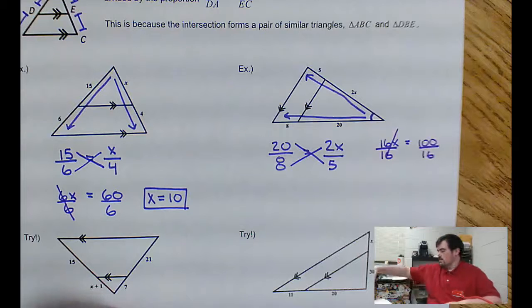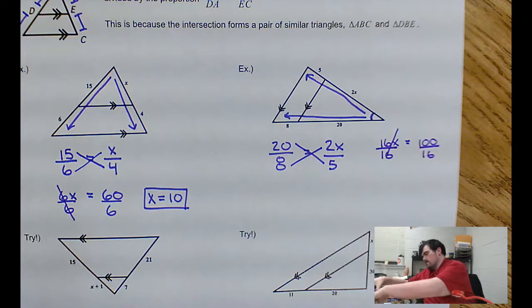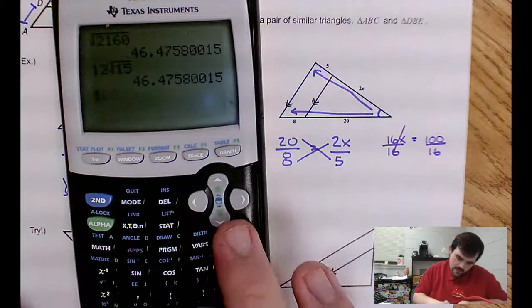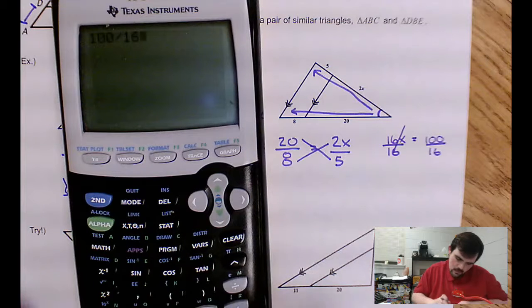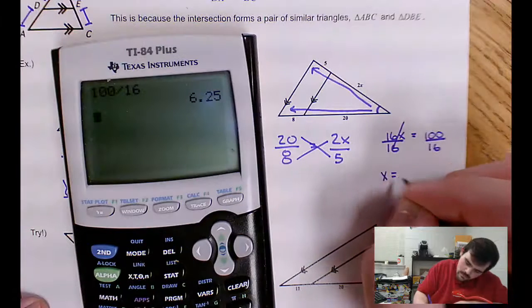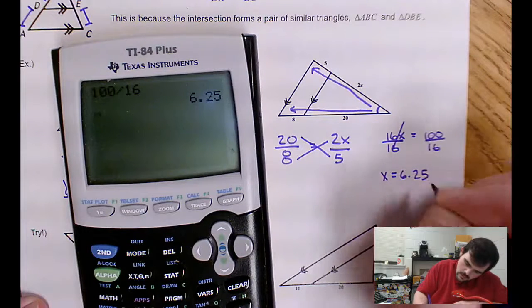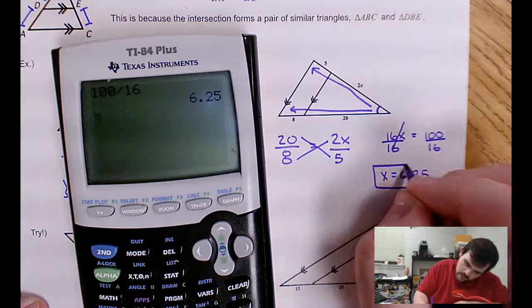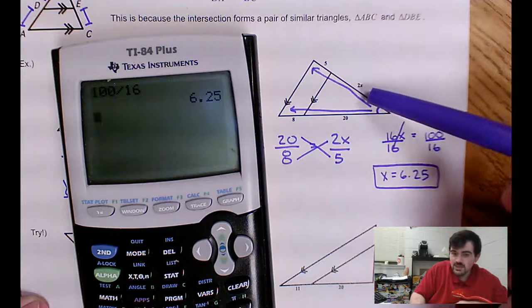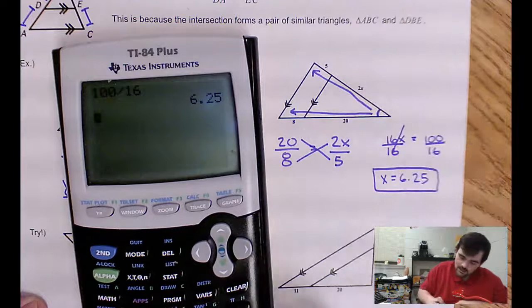I should have grabbed a calculator before I started all this. There it is. 100 divided by 16 is 6.25. Now we're just solving for x here, but the actual side length is 13. And you can double check.